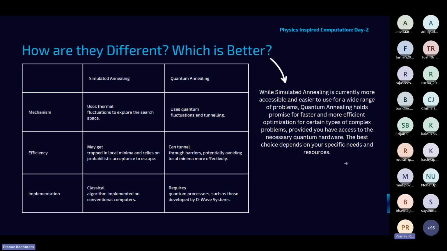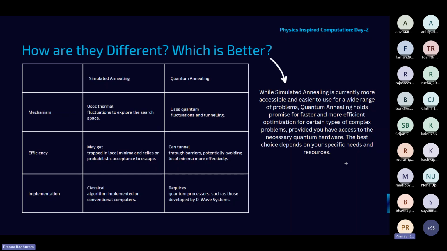The implementation of simulated annealing requires classical algorithms in conventional computers, while quantum annealing requires more advanced technology like quantum processors, which are developed by D-Wave Systems, Google, IBM, etc. This is one of the biggest disadvantages of quantum annealing, because these quantum processors are still under development.